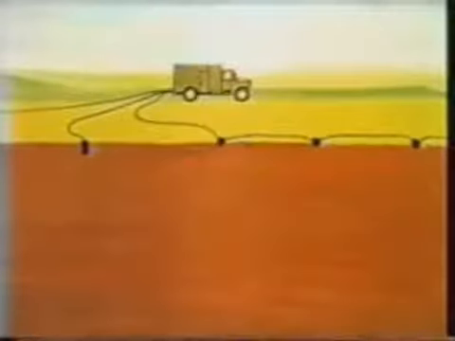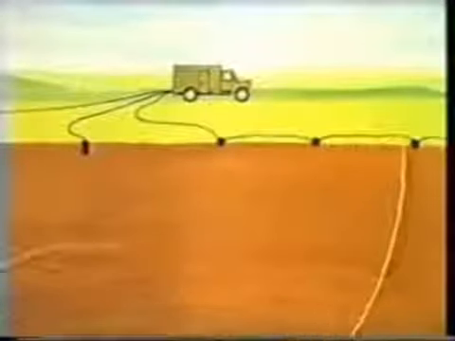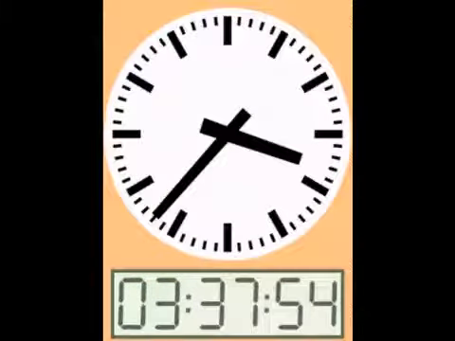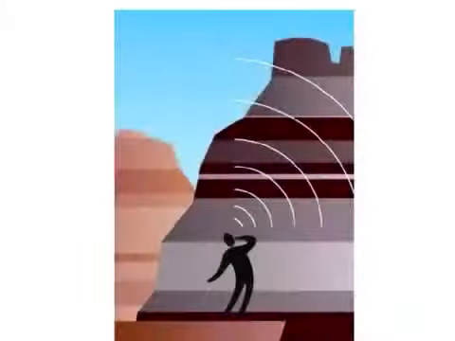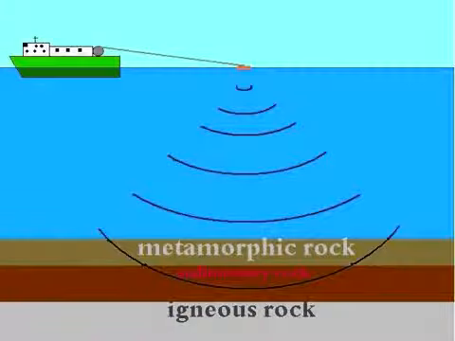Let's review. You have an energy source that emits a sound wave. You fire, vibrate, or explode the energy source and then measure how long the sound wave takes to get back to your measuring device called a receiver. In other words, you measure the time the sound waves take to bounce back to your receiver, like measuring an echo. Sound waves travel through hard rock, like igneous and metamorphic, at different rates of speed than soft rock, like sedimentary rock.